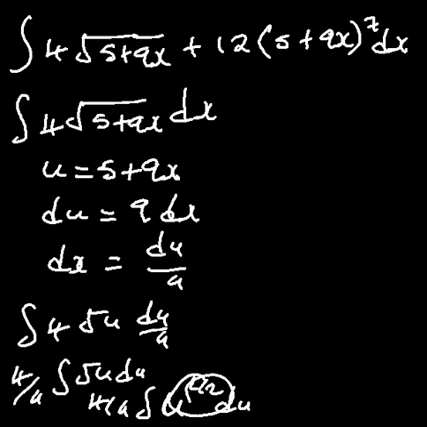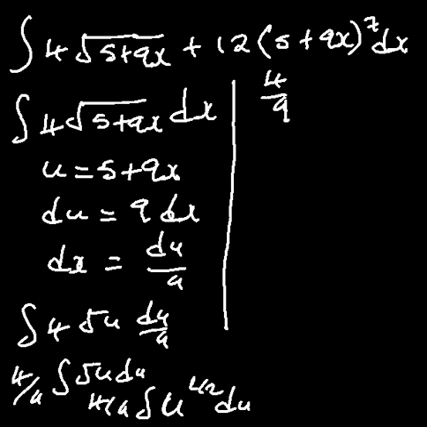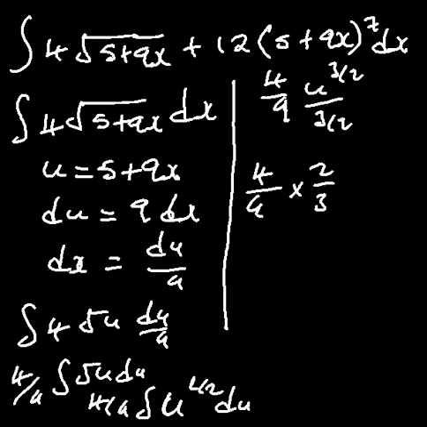And you can use the power rule of integration for that case. We'll have 4 over 9 times u to the power 3 over 2 divided by 3 over 2. So that will be given as 4 over 9 times 2 over 3, and u to the power 3 over 2.